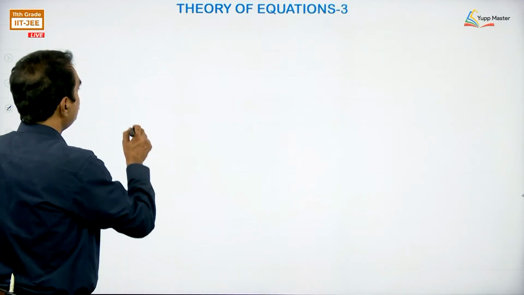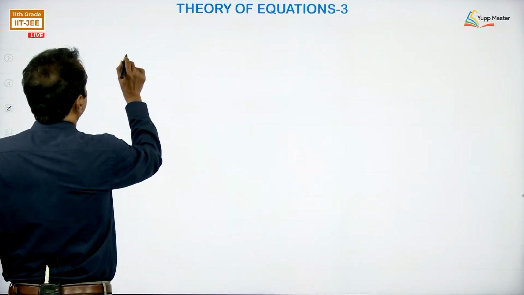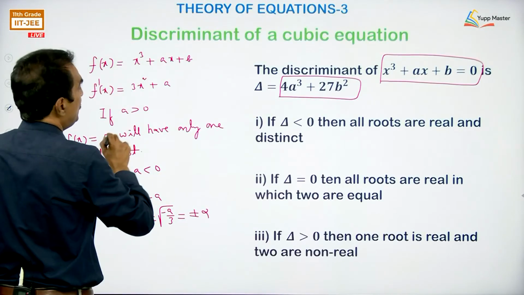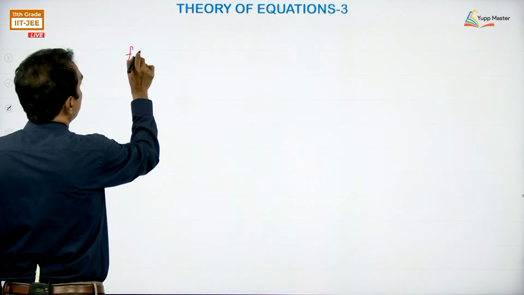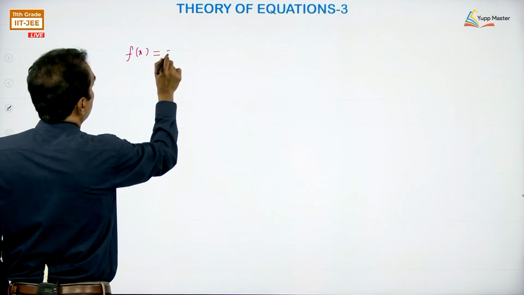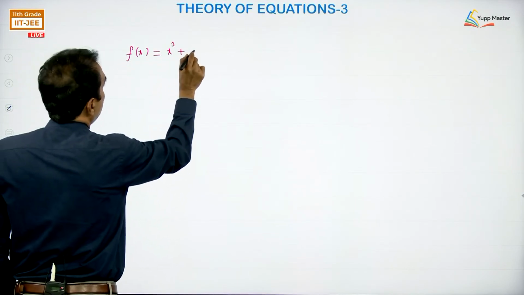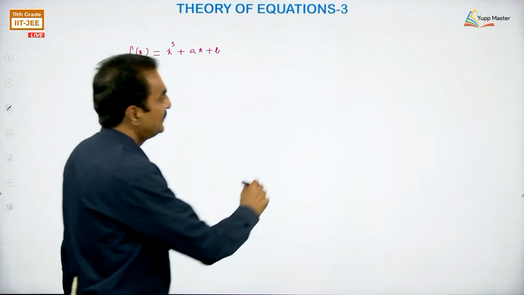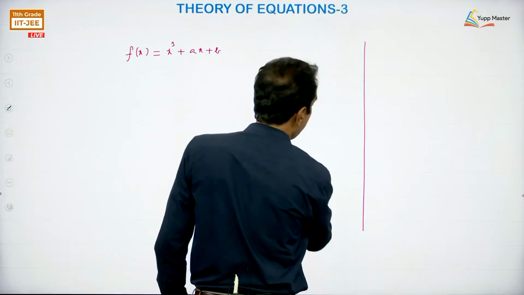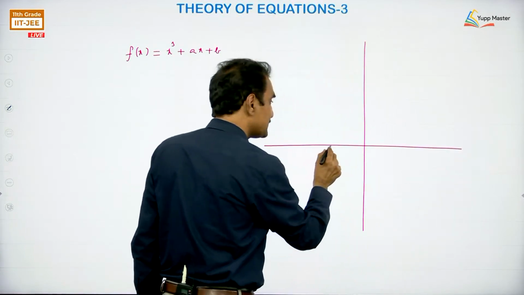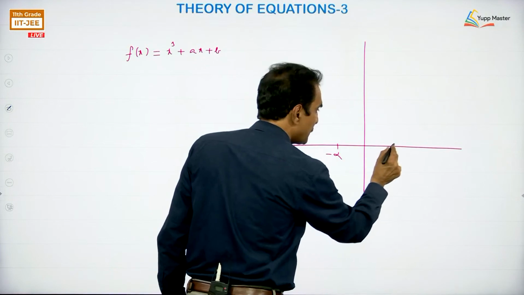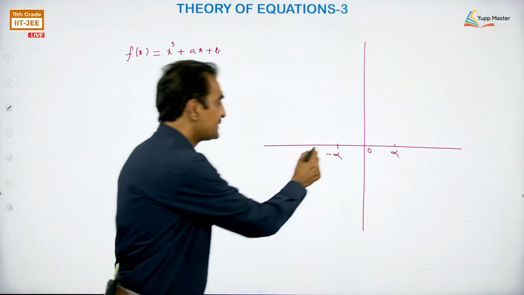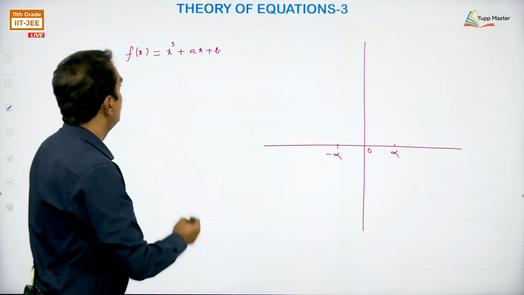Now, f of x is x cube plus ax plus b. It attains the maximum value and minimum value at minus alpha and plus alpha. So, I am taking minus alpha here, plus alpha here.